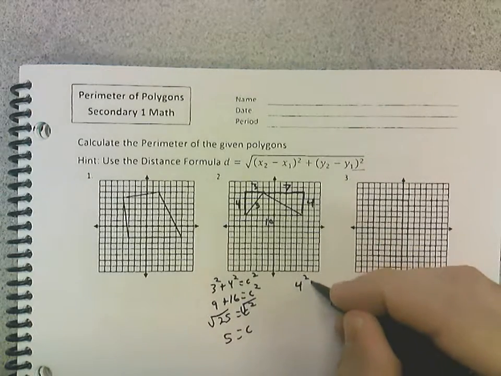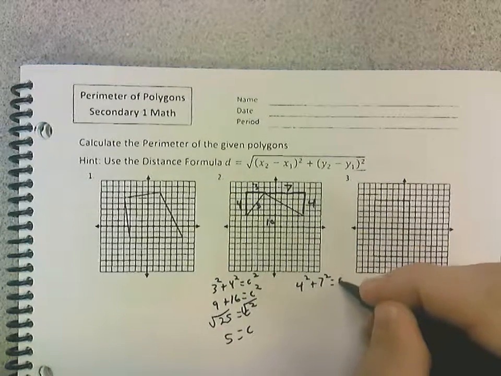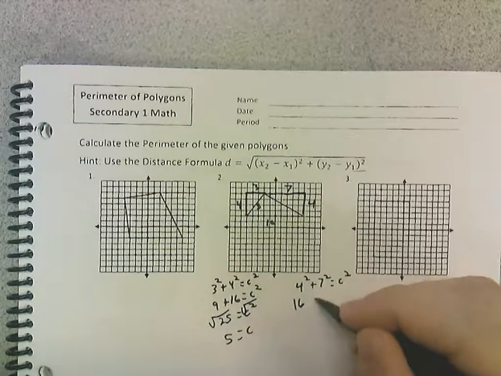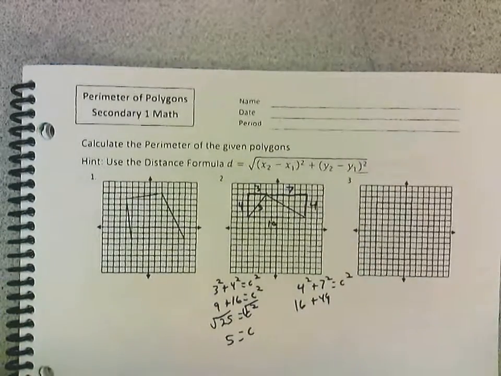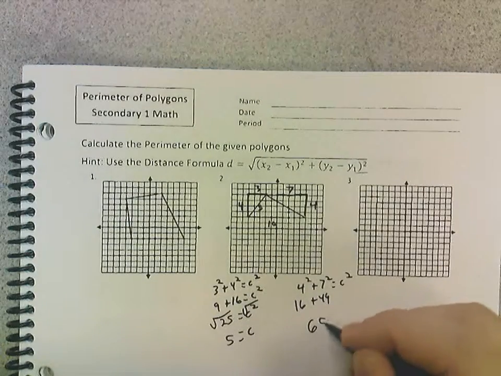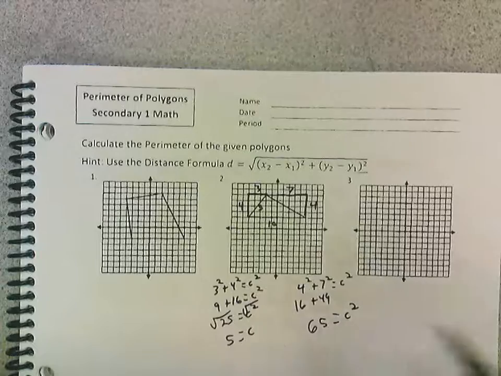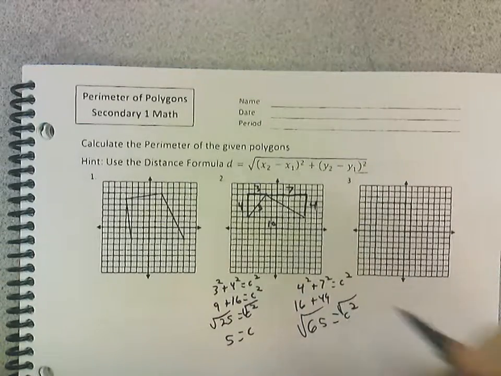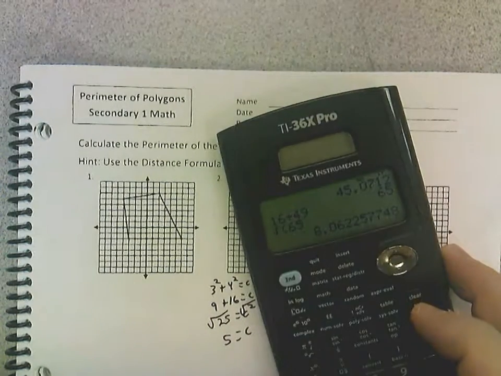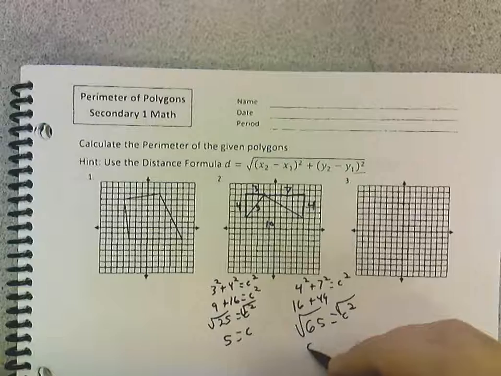It would be 4 squared plus 7 squared equals c squared. 4 squared is 16, 7 squared is 49, 16 plus 49 is 65, is equal to c squared. And then the last step is to square root, and the square root of 65 is 8.062, so that'd round to 8.06.